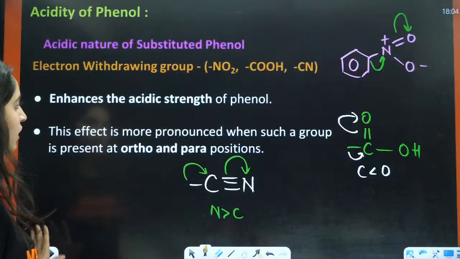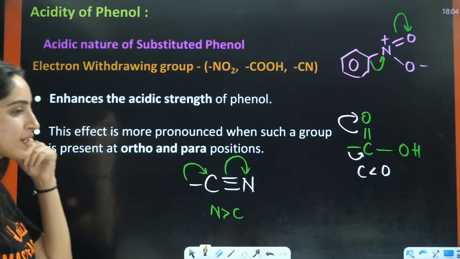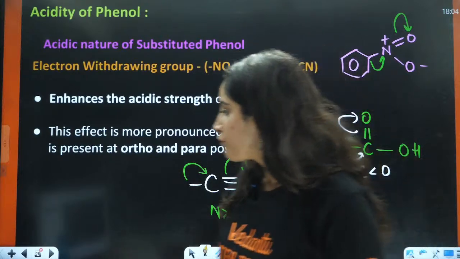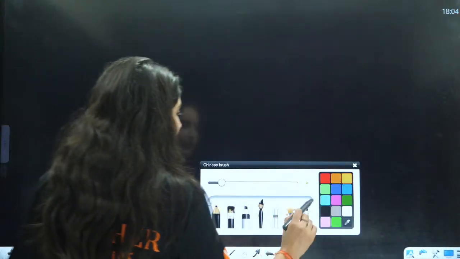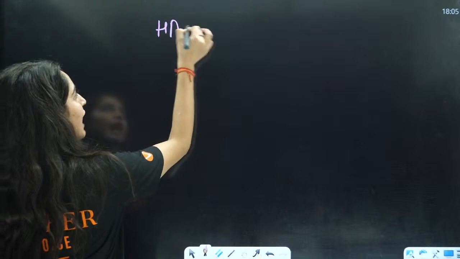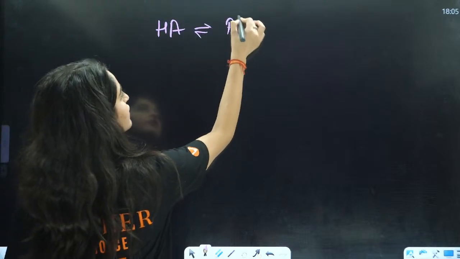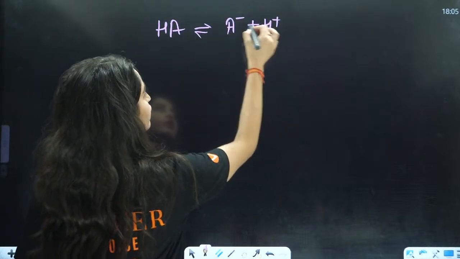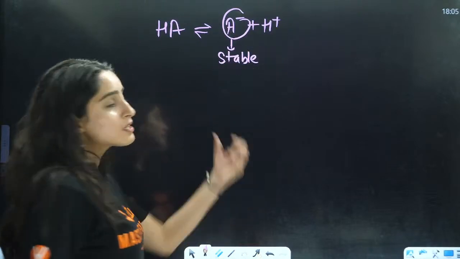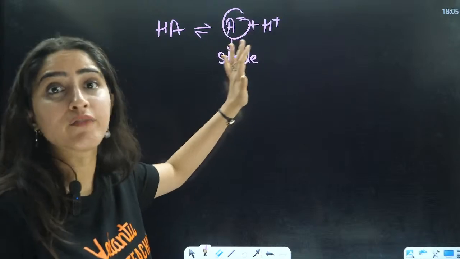Okay, now they are asking what is the effect of electron withdrawing and electron donating groups, right? For that also there is one simple thing that you need to understand. I am talking about that a good acid is the one which after donating is going to form a stable carbanion.